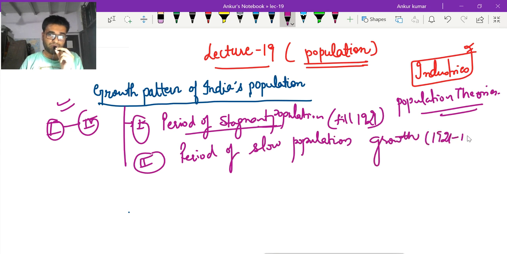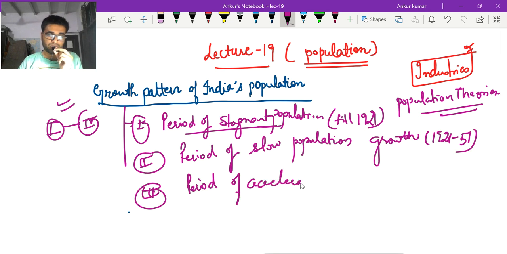This is from 1921 to 51, and phase number 3 is the period of accelerated population growth.